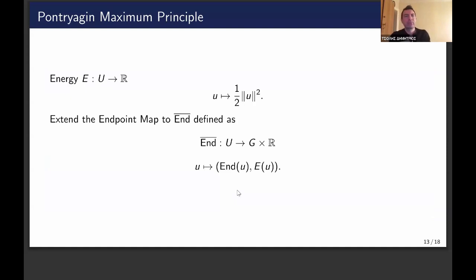Okay, now let's remind ourselves of the Pontryagin maximum principle. So we have an energy here, which is this map from the controls to R, and this is this thing. We extend the endpoint map to this space here. So we take u to the endpoint and to the energy here.